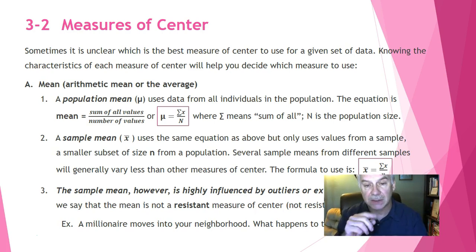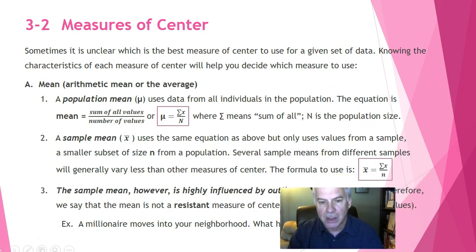Now that's in reference to a population. But sometimes we don't know the whole population, and we're only dealing with a sample. In the case of a sample, it's the same equation. We add them all up and divide by the number of them, but we don't call it mu. We call it x bar. Whenever you see x bar, an x with a bar over the top, that means the sample mean.